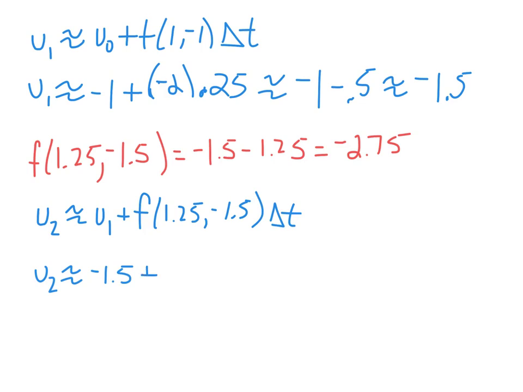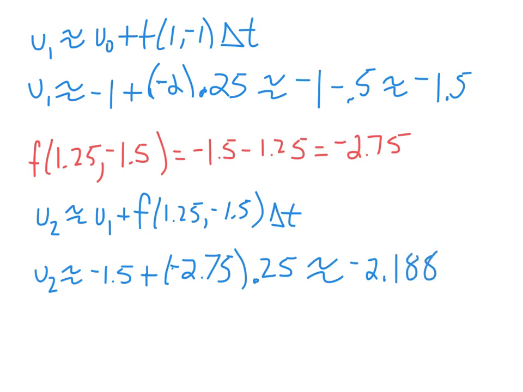Plus our slope, which we have as negative 2.75, times our time step, which again is 0.25. And when we simplify all that out, we get about negative 2.188. I'm going to go add that to our chart.